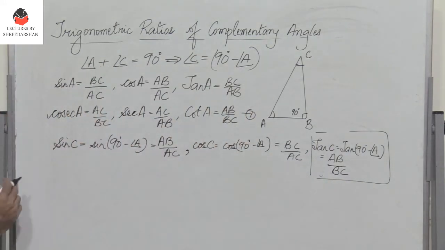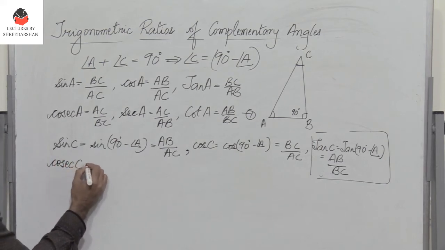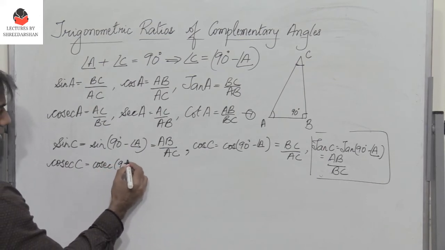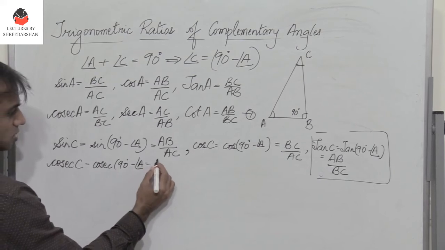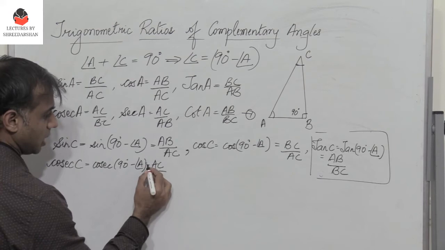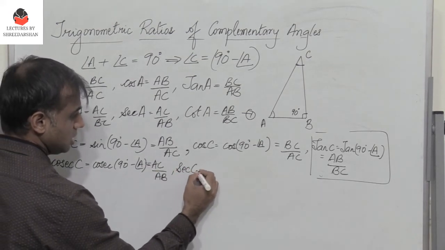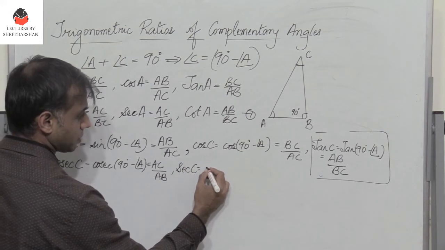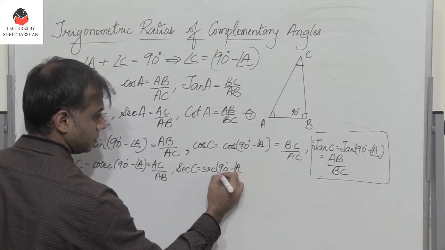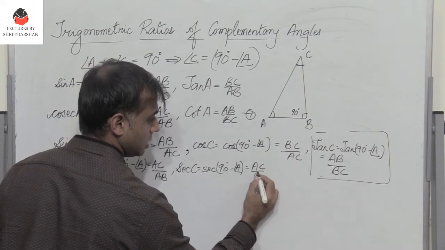Right? So now let me talk about cosecant C. So cosecant C is nothing but cosecant 90 minus A. So of course this is reciprocal of sine C, which is AC by AB. Next I have secant C, which is secant of 90 minus angle A, right, which is reciprocal of this, which is AC by BC.